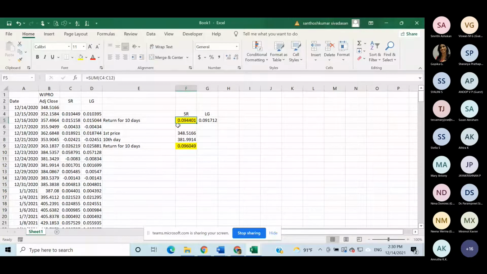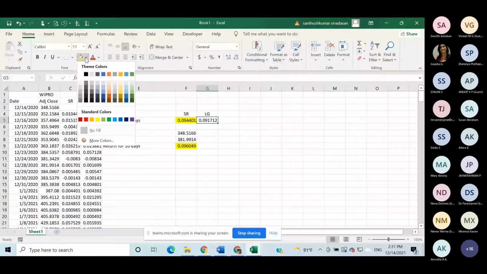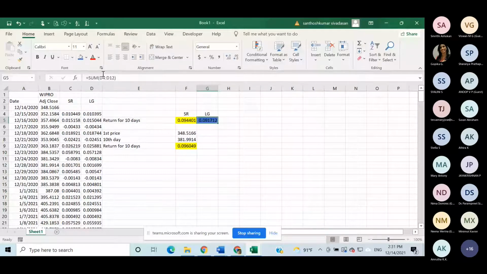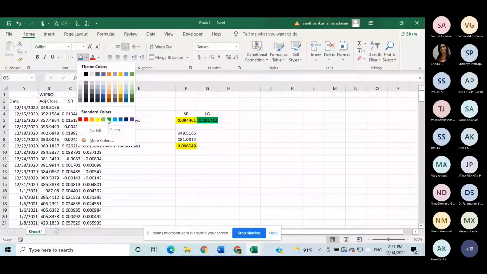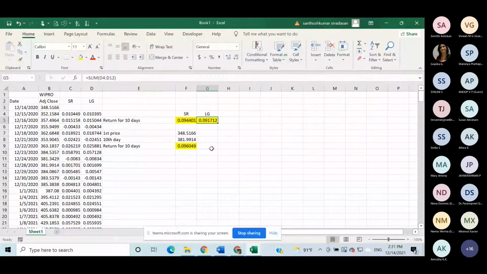The log return, when you summed up or totaled the 10 days return, you got this figure. This is the price, same.